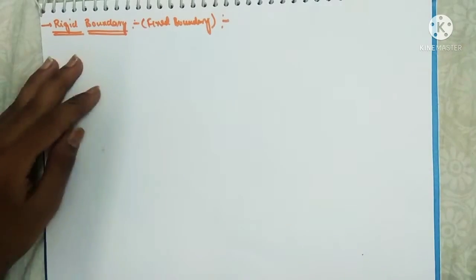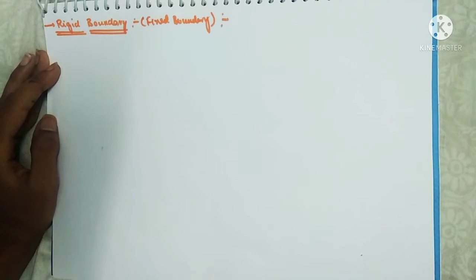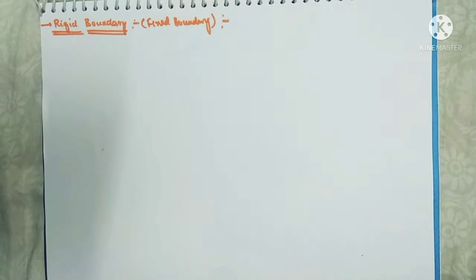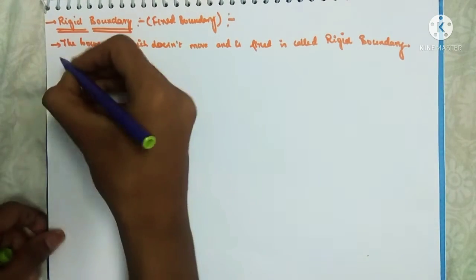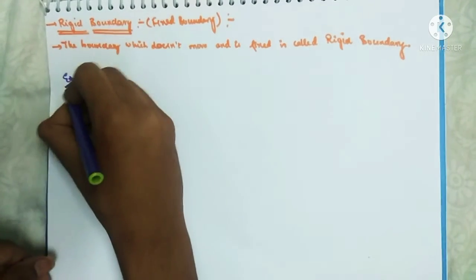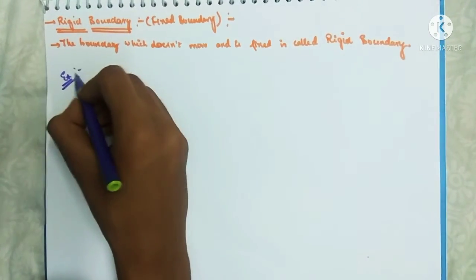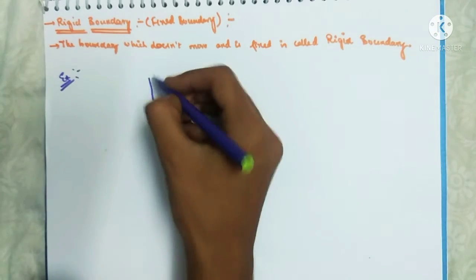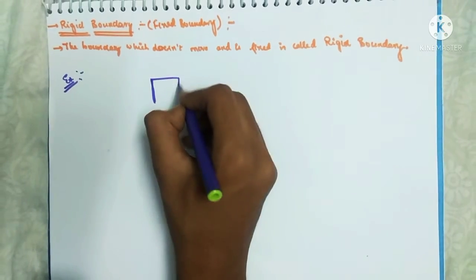The next type of boundary which we are going to learn about is rigid boundary, which is also called fixed boundary. The boundary which doesn't move and is fixed is known as rigid boundary. If we take one example, here is one book placed on the table.